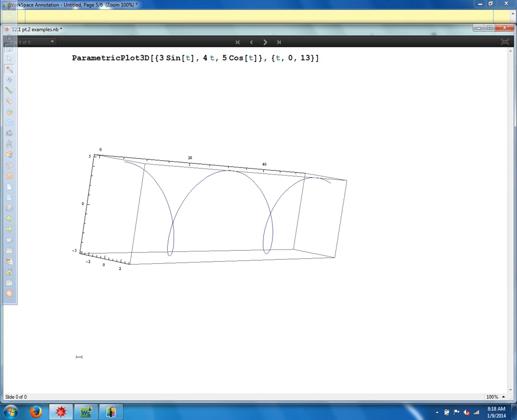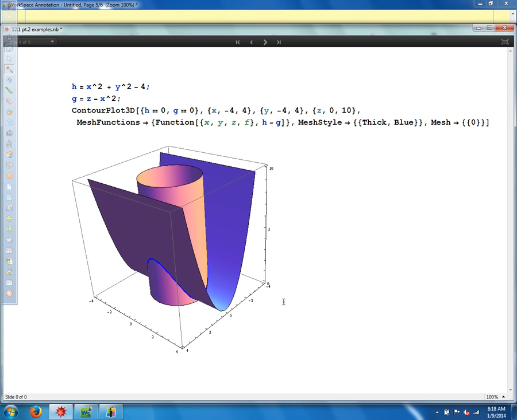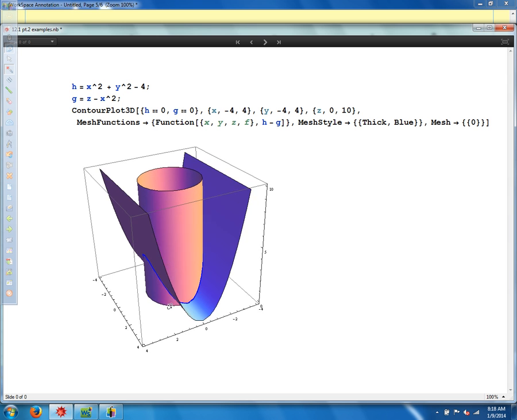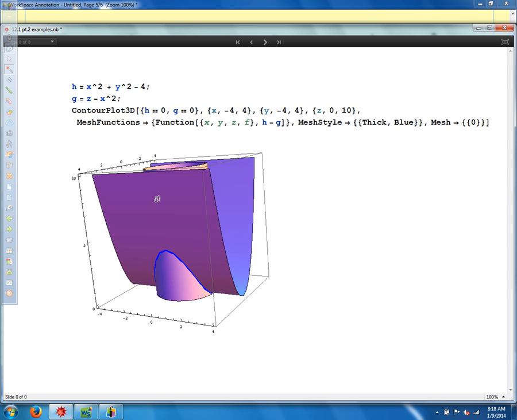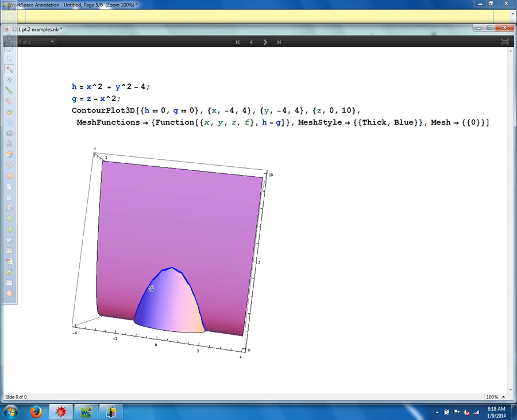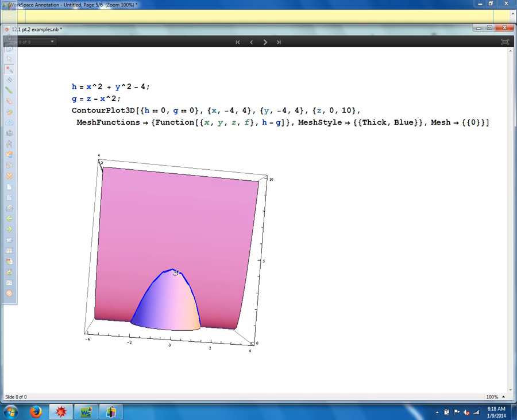So let's take a look at that one. And this is where this software that you have will be very helpful to help you visualize this. There's a picture of it. So there's the parabolic cylinder cutting through the other cylinder along the z-axis. And in dark blue there is our curve of intersection.